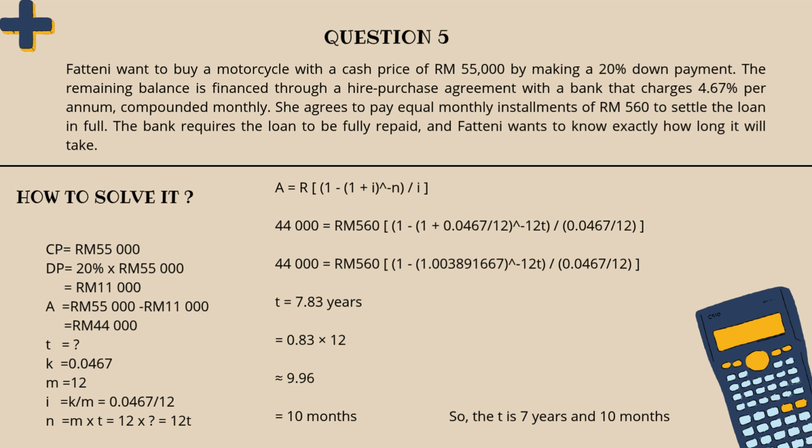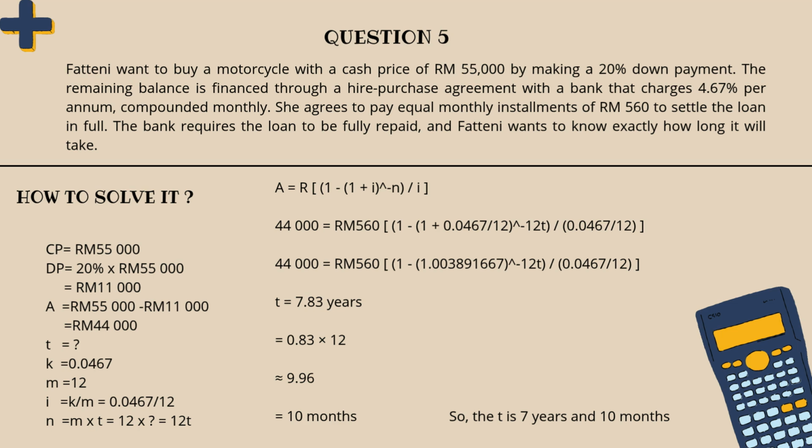To find the repayment period, we use the present value annuity formula. A equals R multiplied by, open bracket, 1 minus, open bracket, 1 plus I close bracket to the power of negative n, close bracket, divided by I. After solving the equation, we get T equals 7.83 years.